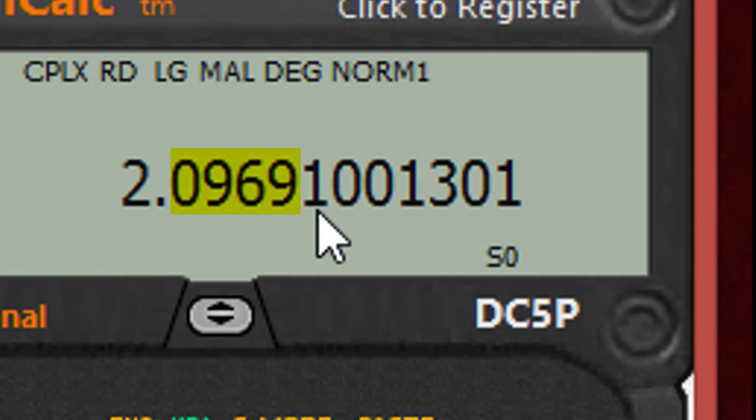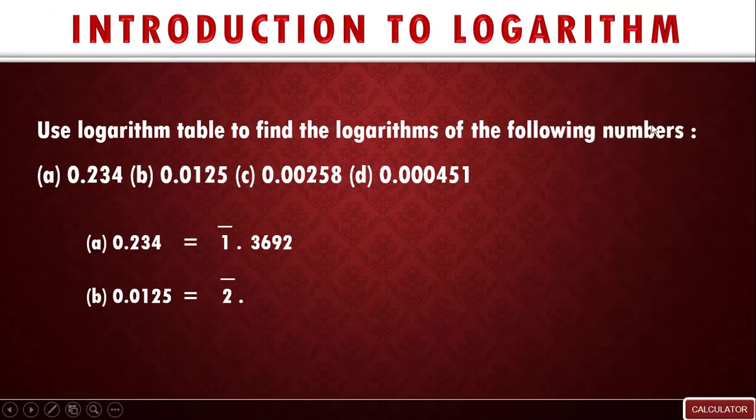If you approximate to 1, it gives 0. That means we still have 9 here. So the 4 digits of the mantissa that we need are 0, 9, 6, 9. That means the log of 0.0125 will be bar 2.0969.